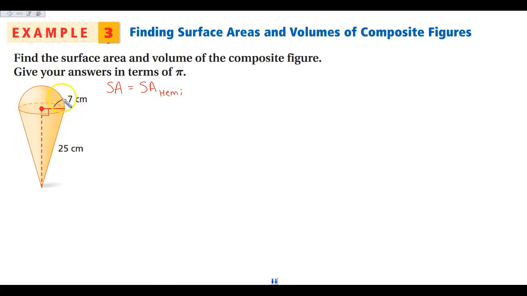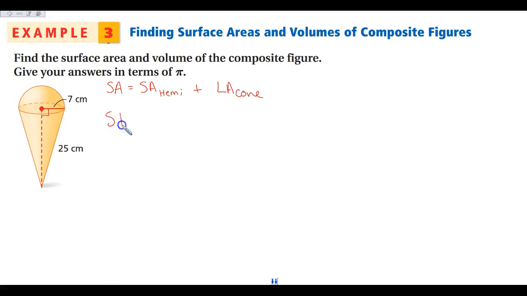I just want the surface area of half of the sphere that is on the top. Okay, now if I look down at the cone for what's next, I only want the lateral area. We talked about this before because this base right here is inside the figure. I'm not going to count it in my surface area. So I'm going to do this and I'm going to add the lateral area of the cone.